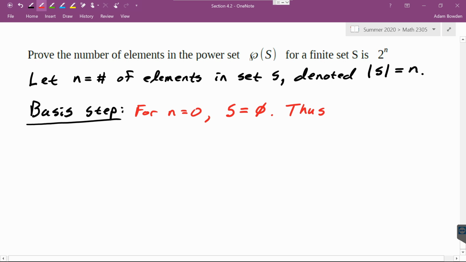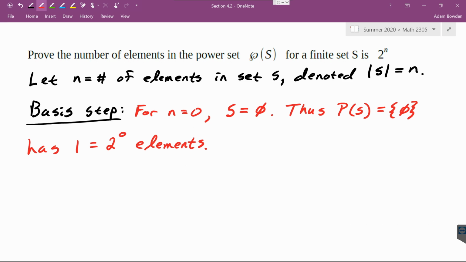As a result, the power set of S is simply the set containing the empty set, which has just one element, the same as 2 to the 0 power. So it holds true for a set which is empty. An empty set has a power set with only one thing, which is just the empty set. And that's the same as 2 to the 0 power.